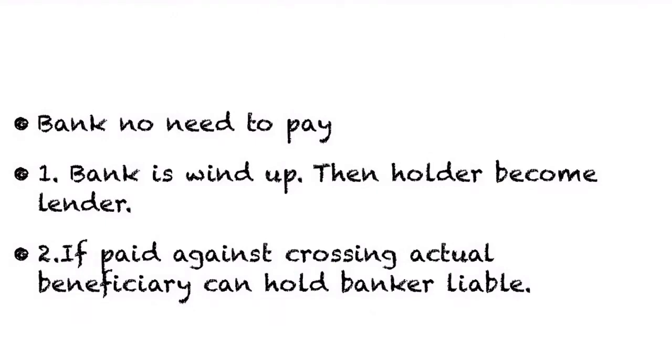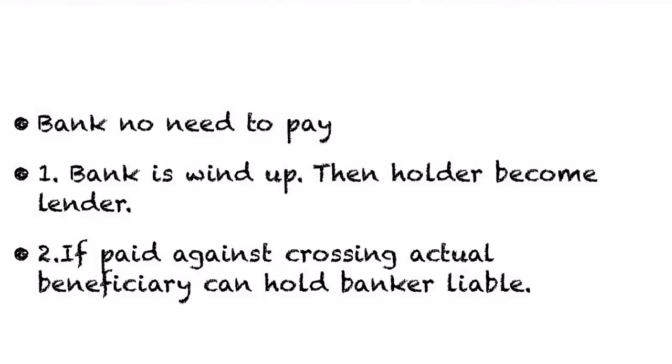But the bank need not pay when the bank is wound up. In such a case, the holder of the check becomes a lender. You know the process of winding up of banks. A person comes from the RBI, the liquidator. He liquidates and proportionately shares the property among all the lenders. That system is followed here.